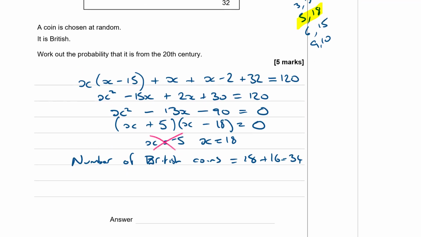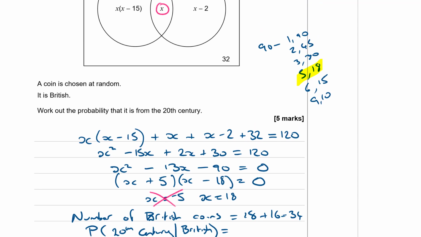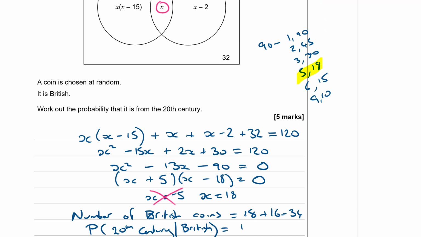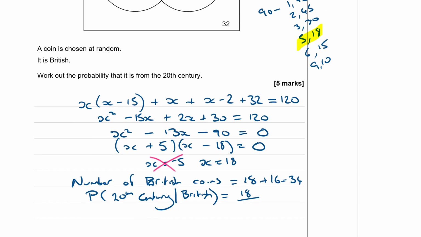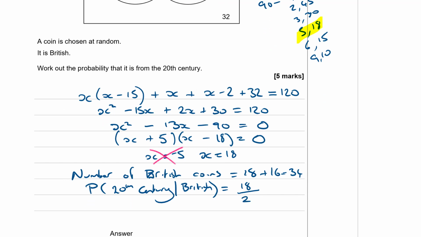So the probability that it is 20th century, given that it is British, is going to be, well, there are 18 there to pick from, out of a total of 34. So 18 over 34.